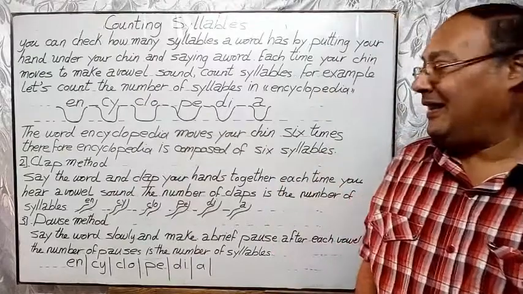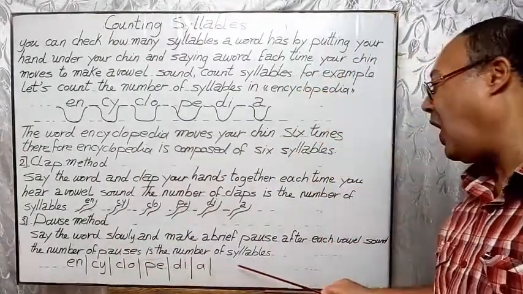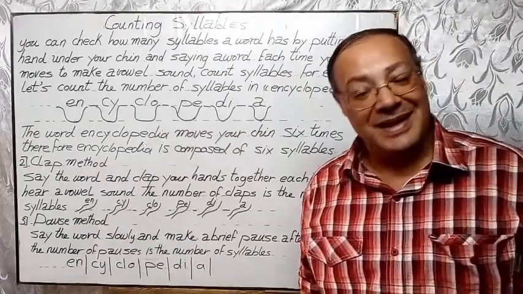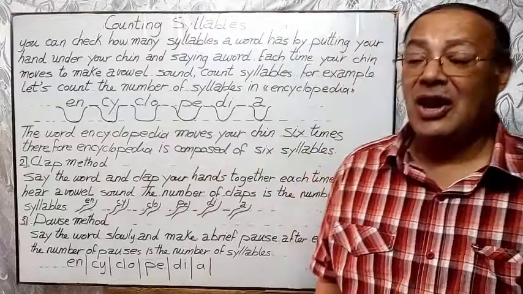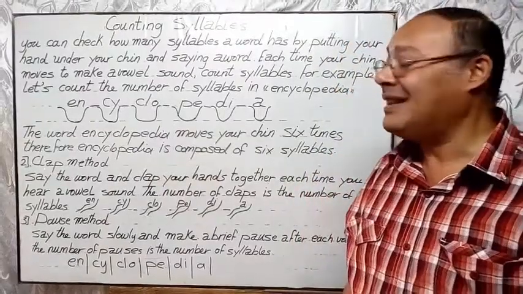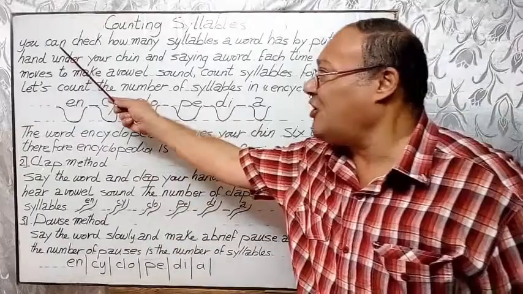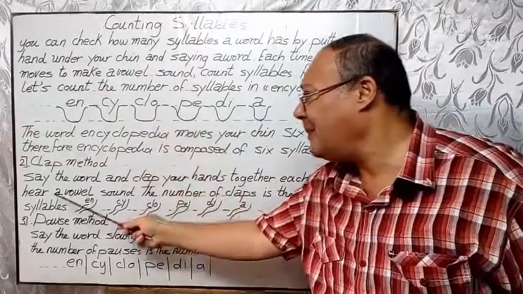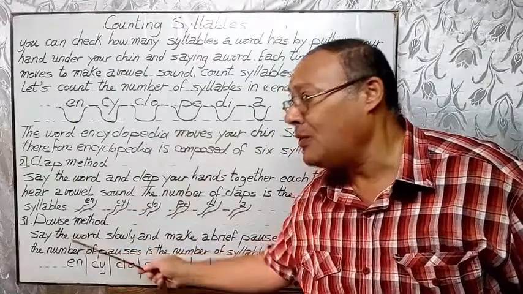So the number of pauses is the number of syllables. This means we have three different ways through which we can figure out how many syllables a word has: the chin method, the clap method, and the pause method.